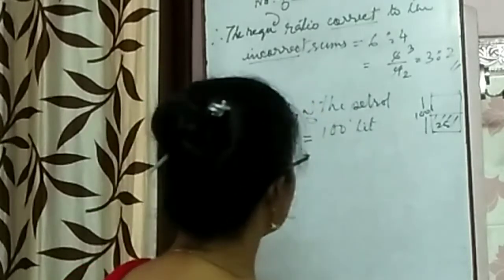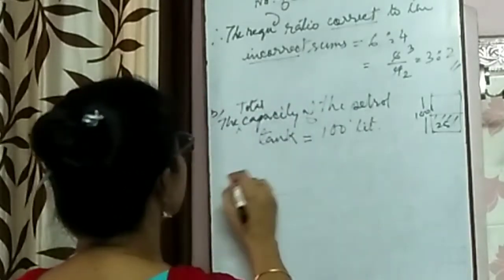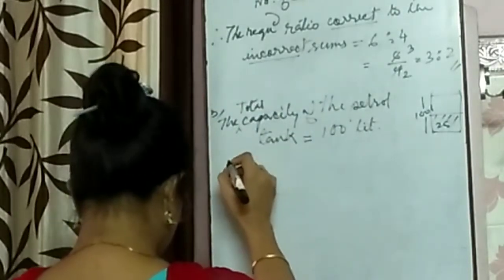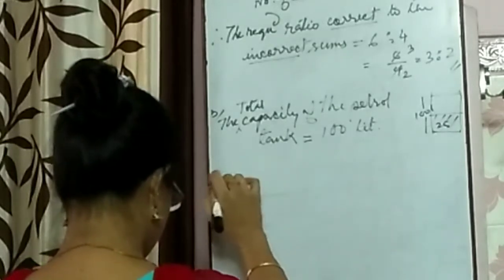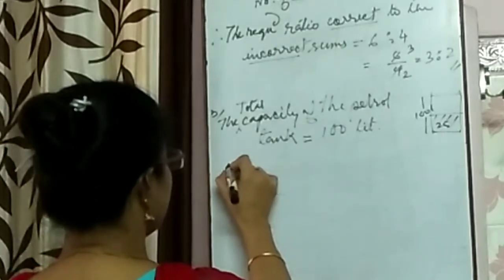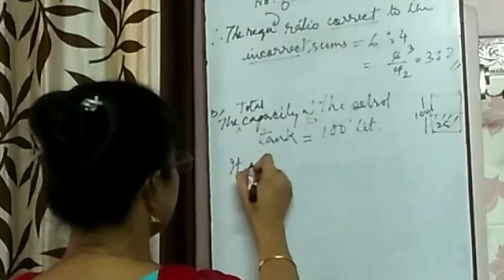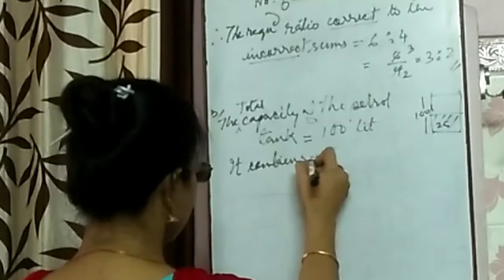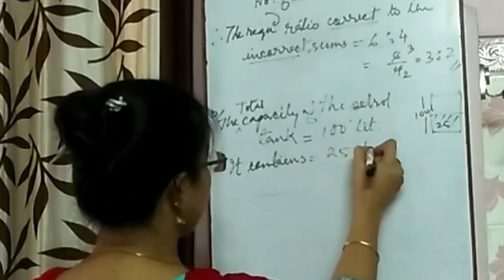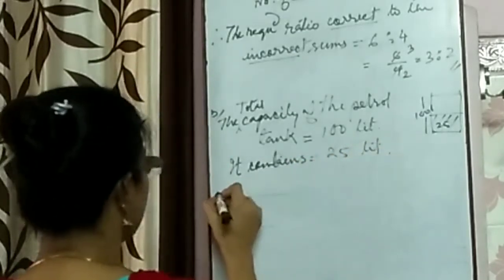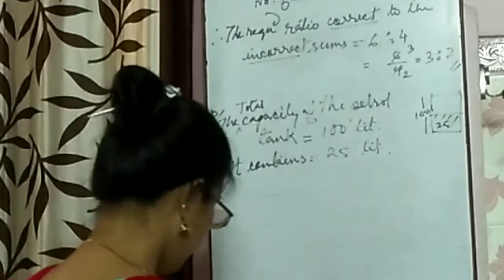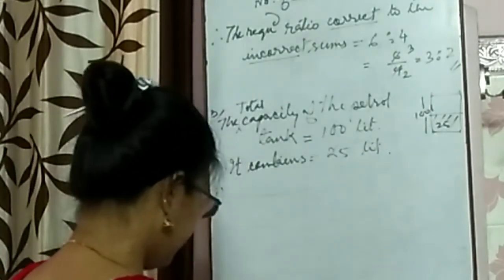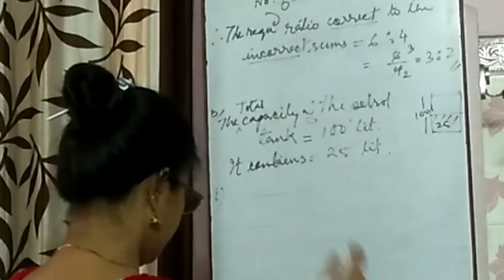The total capacity of the petrol tank is equal to 100 liters, and then it contains 25 liters. Therefore, number 1, number of liters of petrol and capacity.